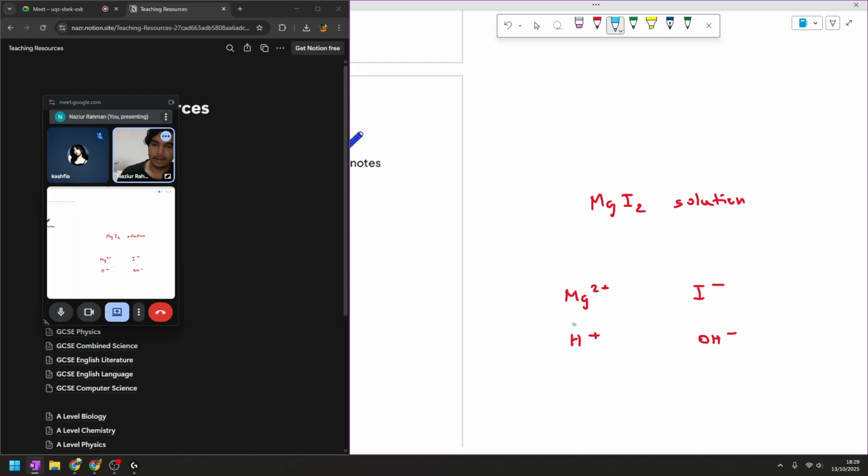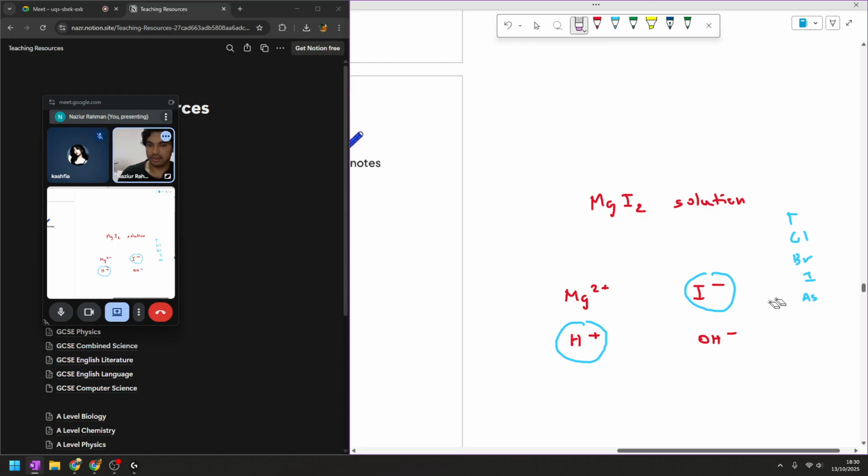Between these two, the hydrogen gets reduced because copper, silver, or gold is not present. Between these two, the iodide gets oxidized because a halogen is present. Halogen means group 7: chlorine, bromine, iodine, astatine, fluorine. If these are present, then they get oxidized. Otherwise, hydroxide gets oxidized.